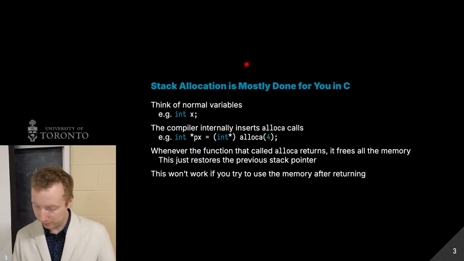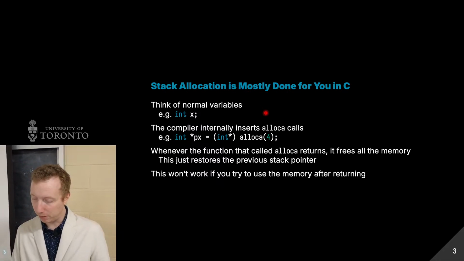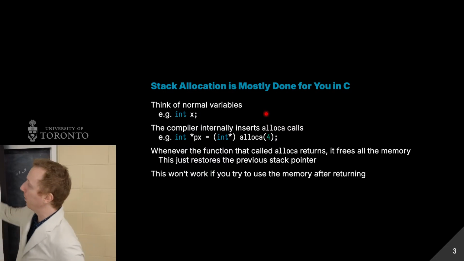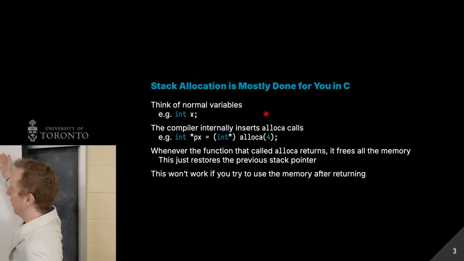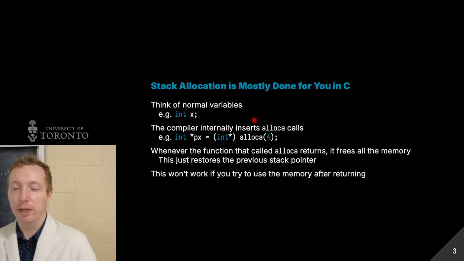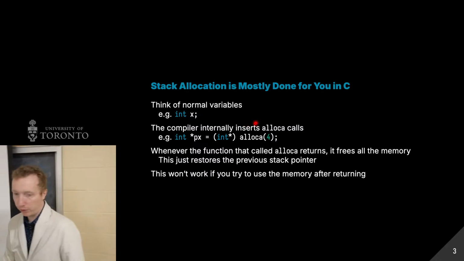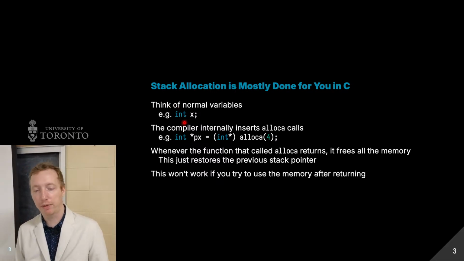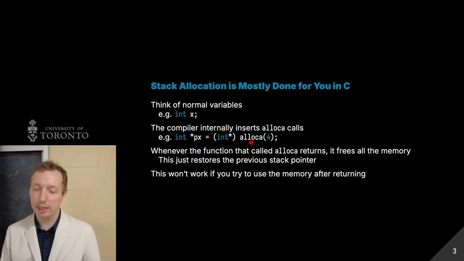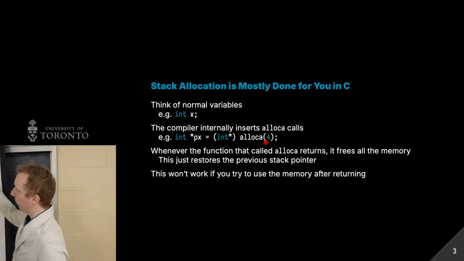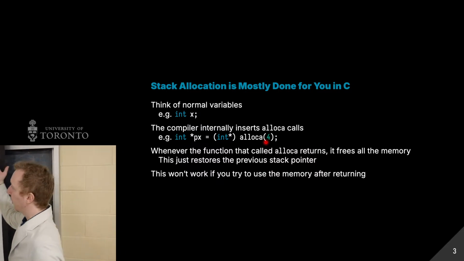In fact, that function is called alloca. You've probably never used it before because of the beauty of the C compiler, if you can call it that. It will internally insert the alloca calls for you. So if I have int x, I need to alloca sizeof int, which is just 4 bytes, and that needs to live somewhere on the stack.